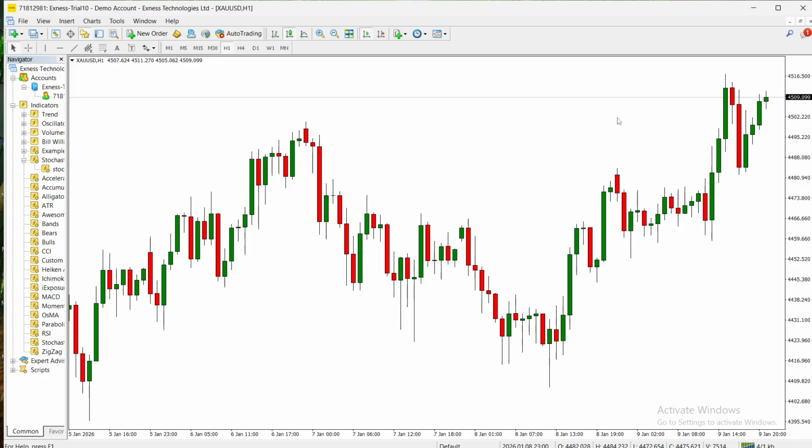described. The stochastic histogram indicator is a visual adaptation of the classic stochastic oscillator that displays the relationship between the K line and D line as histogram bars in a separate window. The standard stochastic oscillator consists of a fast K line and a slow D line that oscillate between 0 and 100, with readings above 80 indicating overbought conditions and readings below 20 showing oversold levels.